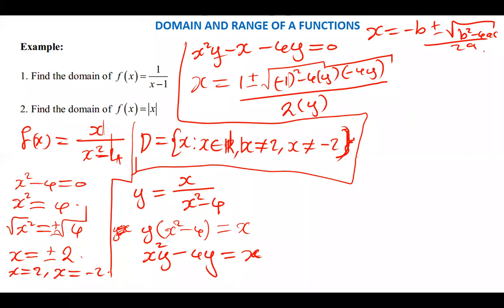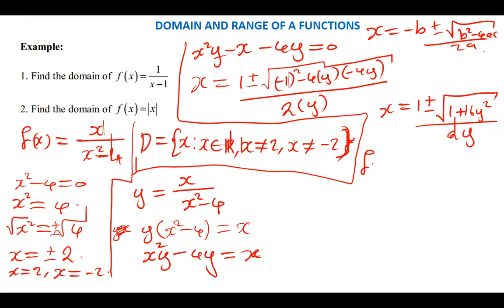Just from this expression here, even before simplifying it, you can find the range. So we can say x is equal to 1 plus or minus the square root of 1 minus, so this would be a plus 4 times -4 times -4, this would be a plus 16y squared, then everything over 2y.